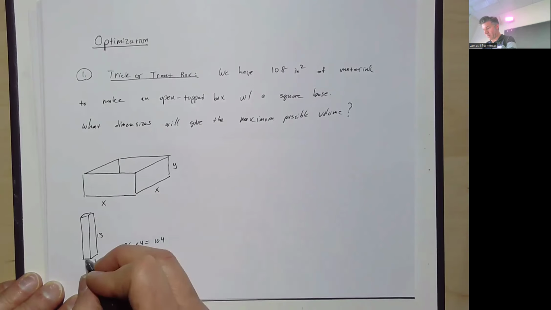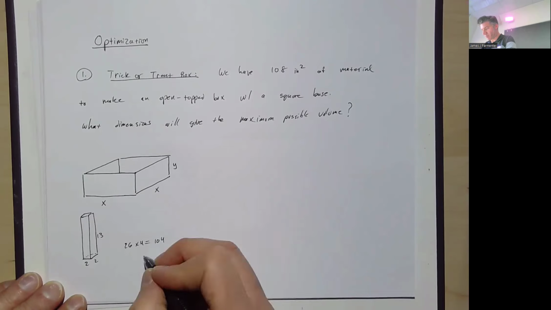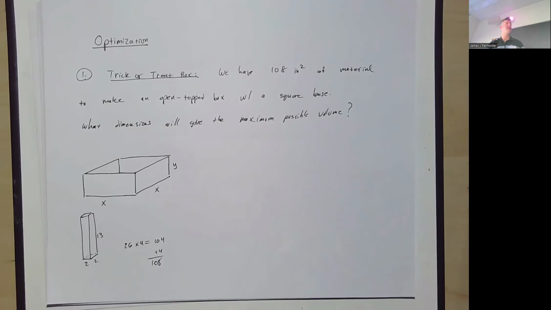And then the base also has 4 square inches, which is 108. So there's one potential box that would meet the criteria. But that box probably doesn't have the most volume. The volume of that box is 2 times 2 times 13, which is 52 cubic inches. There's a more voluminous box.